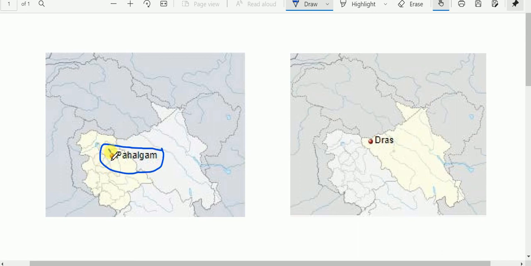This red dot represents the location of Pahalgam in Jammu and Kashmir, and this is the location of Dras, minus 45 degrees Celsius in winter. Now it is in the Union Territory of Ladakh. So this red dot represents the location of Dras. Here the temperature records minus 45.